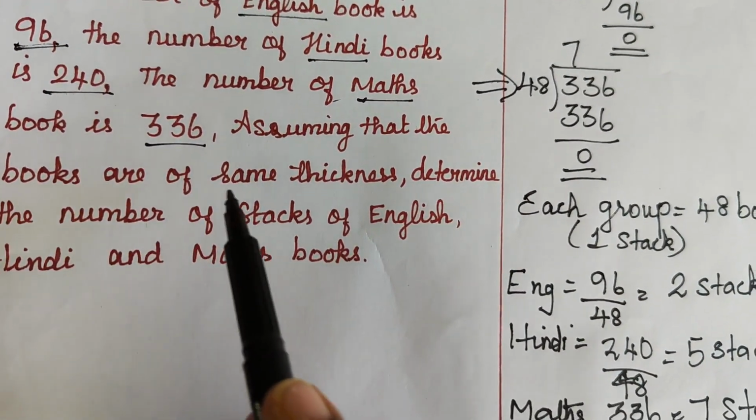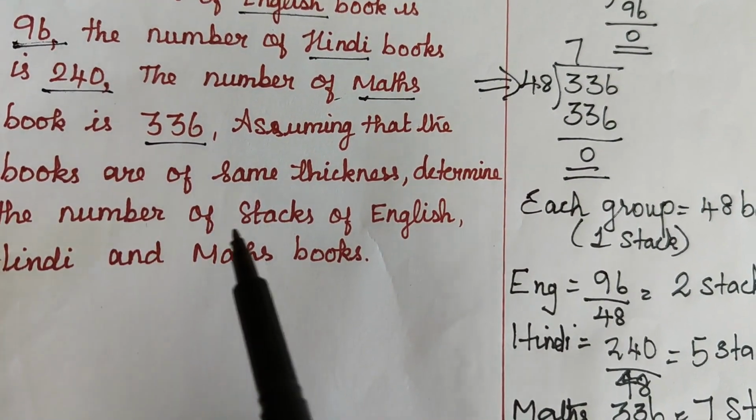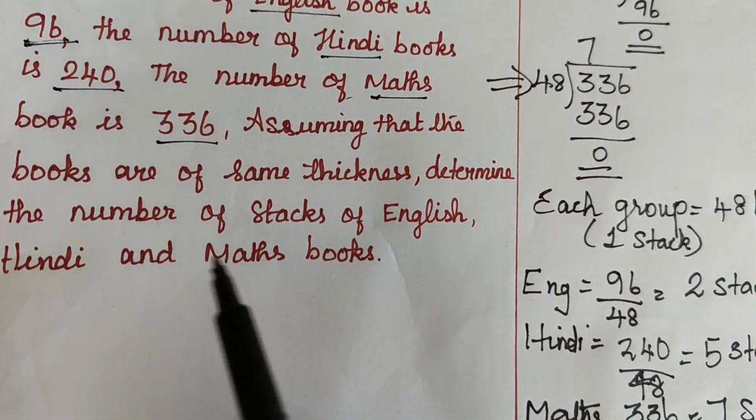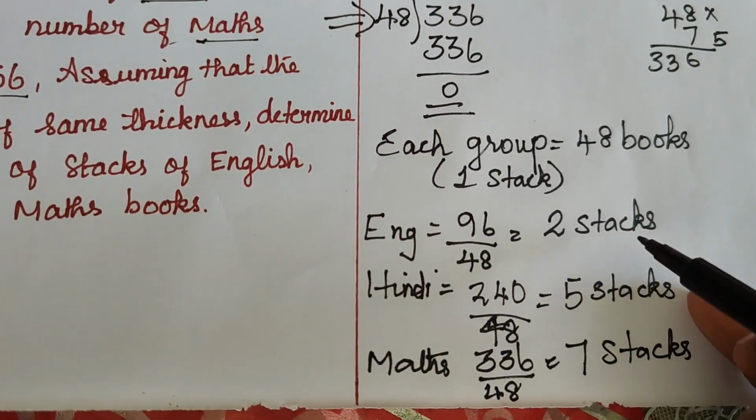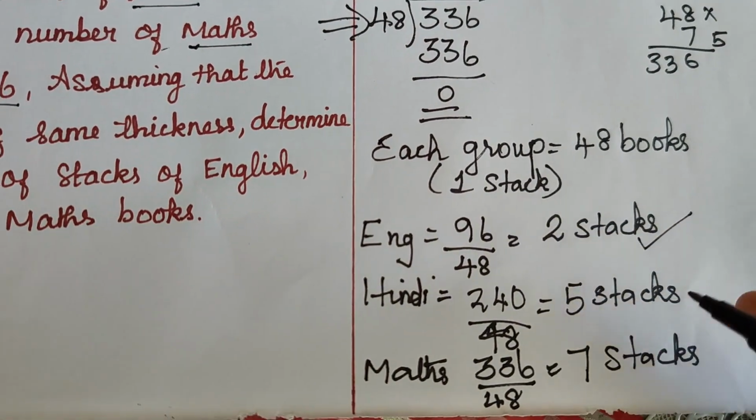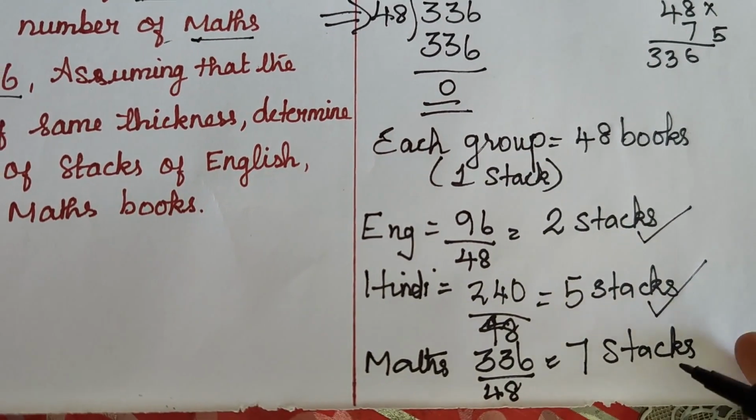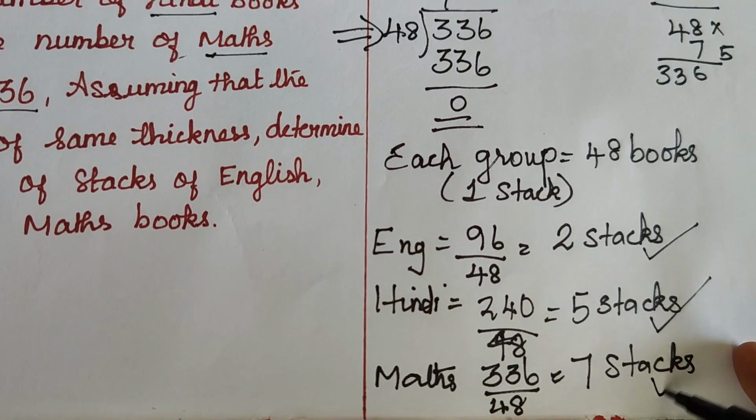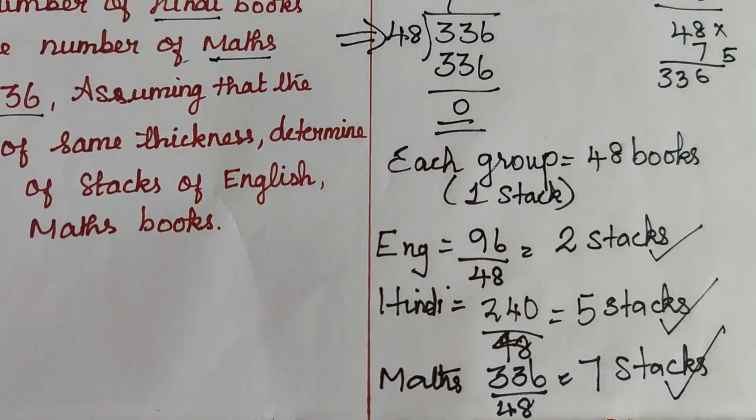Assuming that books are of the same thickness, determine the number of stacks of English, Hindi and Maths books. Number of stacks of English books, 2 stacks. Hindi books, 5 stacks. Maths books, 7 stacks.